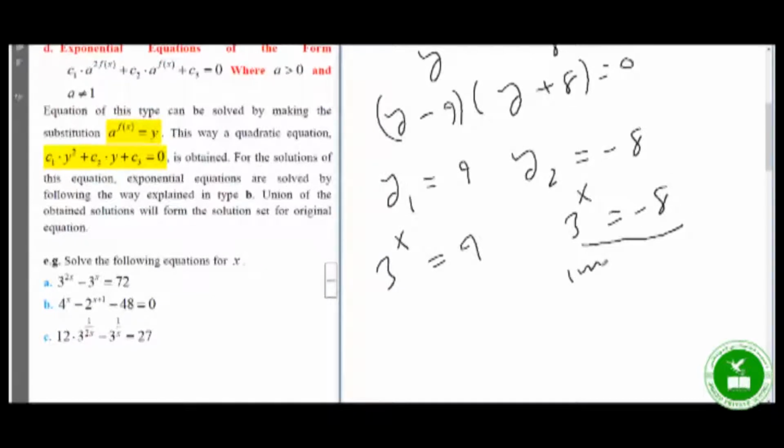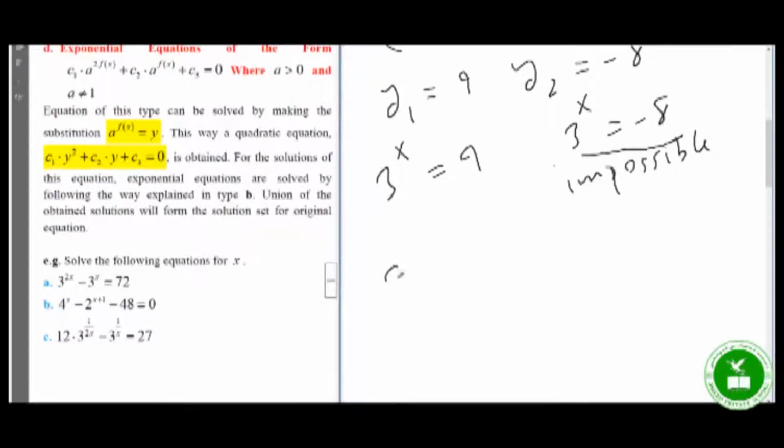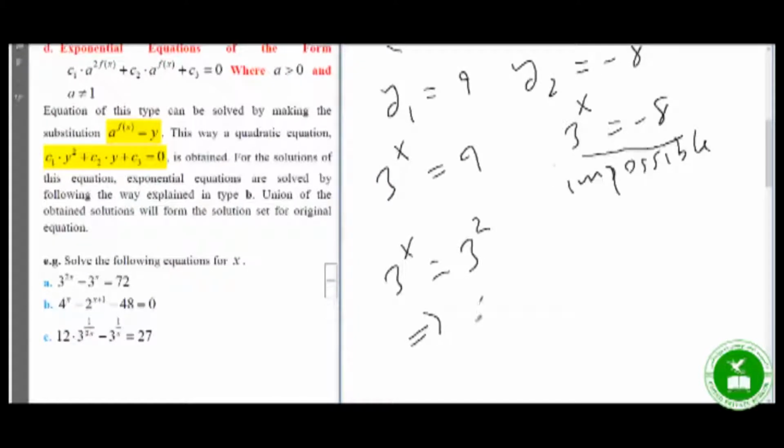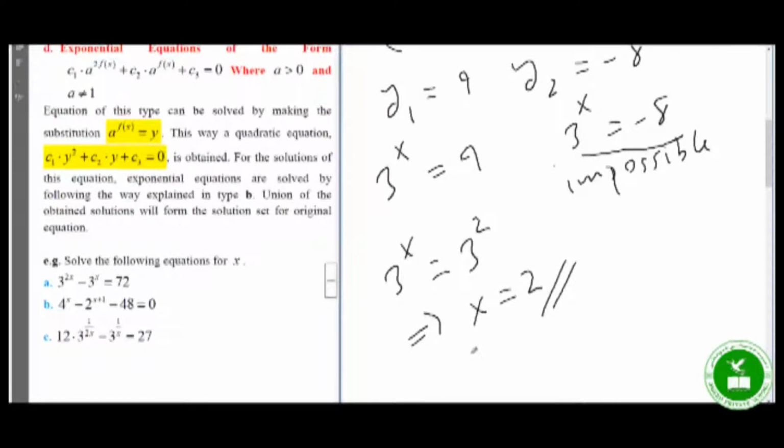So it's impossible, or no solution. But for the first one, 3 to the power of x is equal to 9. We can write 9 as 3 to the power of 2. So here, we can write that x is equal to 2. Yes, the answer.